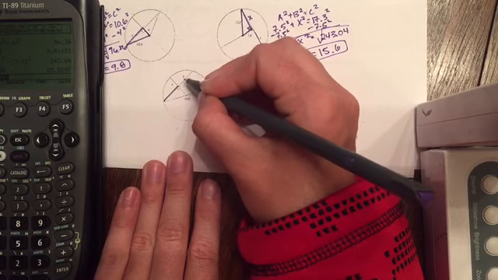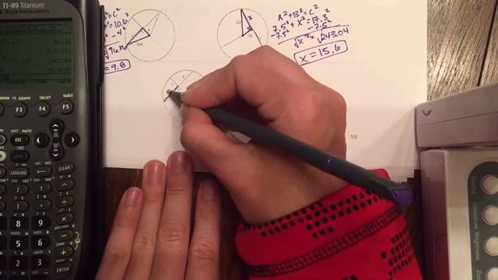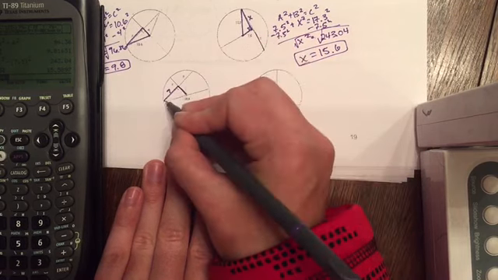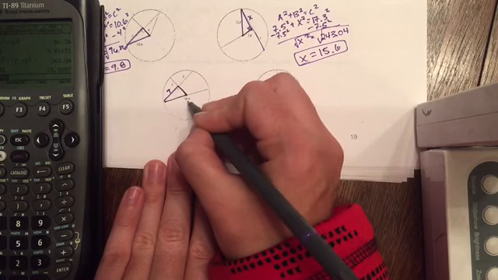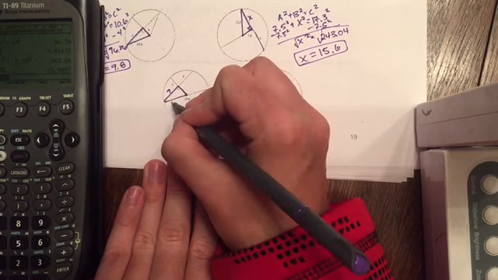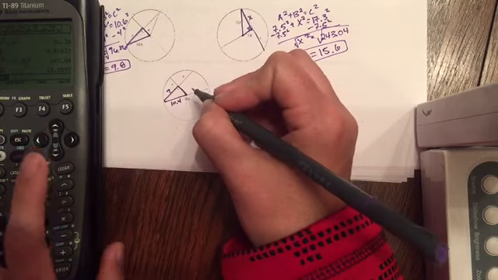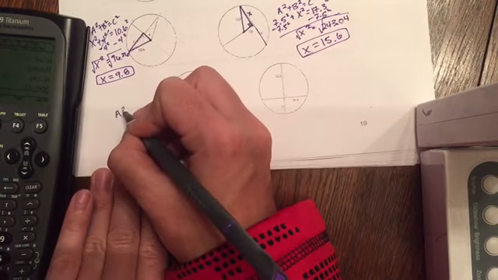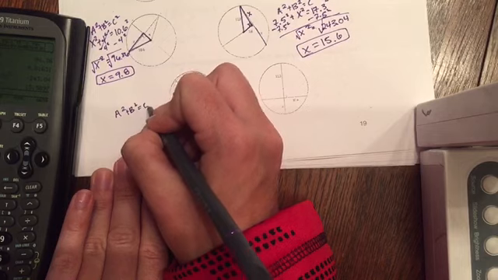I know this is a 9, because I have to match. I don't know this, and this would have to be the radius, so I take half of 20.8 and get 10.4. A squared plus b squared equals c squared.